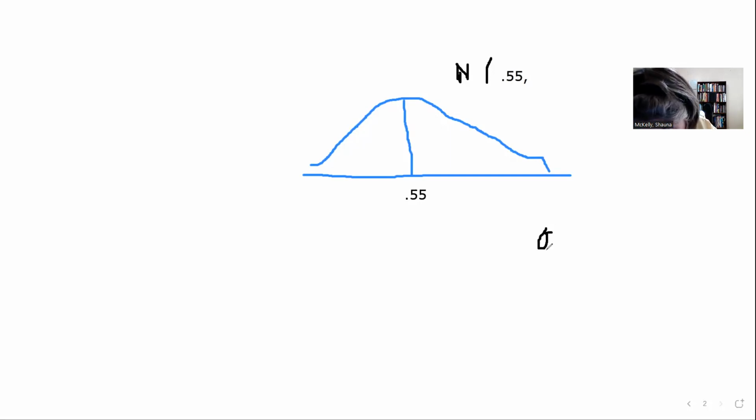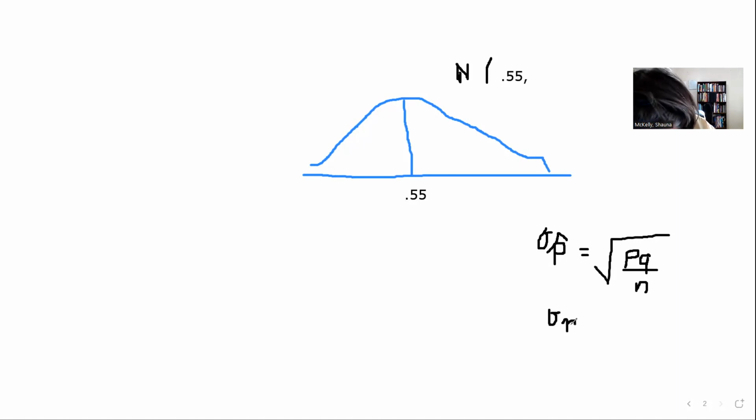Sigma of p hat is equal to the square root of pq over n. So here we're going to put in our numbers and find our standard error or our standard deviation.